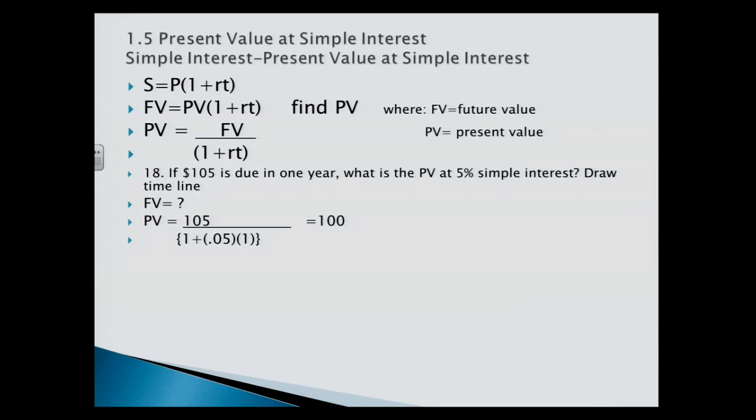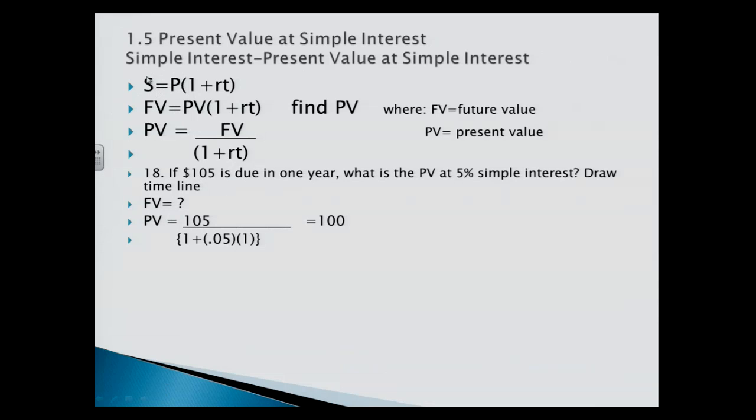Okay, sometimes we know the amount we want in the future. And we're saying, okay, I want $5,000 in the future to pay for Hudson Valley next year. How much do I have to deposit today at a certain interest rate? So here is our future value formula. We solve for, instead of principal, because we're talking about putting money in the bank today, we call it PV, or present value.